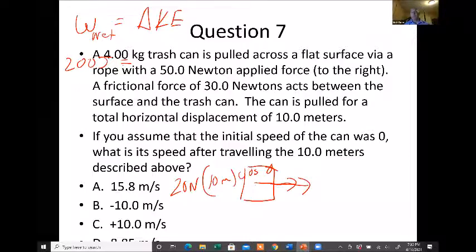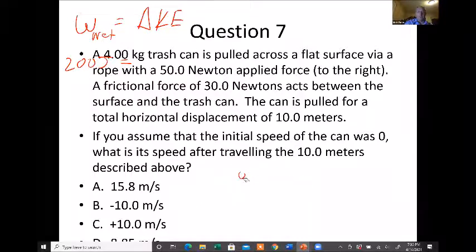That's equal to change in kinetic energy. Notice that's delta kinetic energy. So we started off with an object that wasn't moving. So how much kinetic energy did the object have to begin with if it wasn't moving? Somebody unmute and tell me. Easy answer. 0.